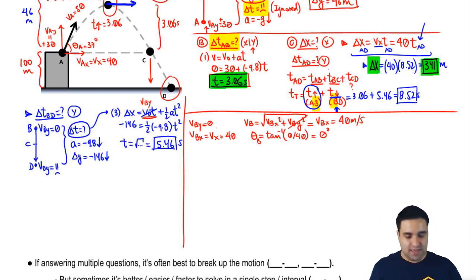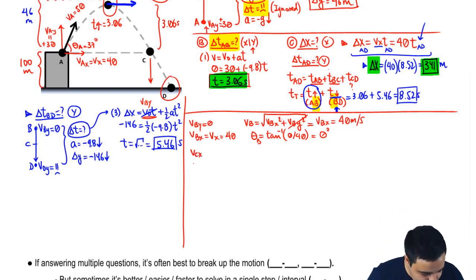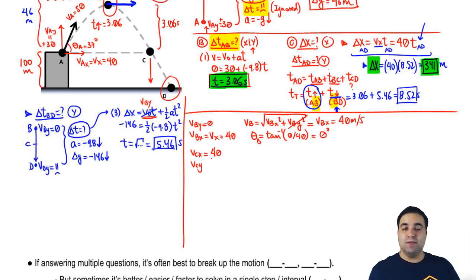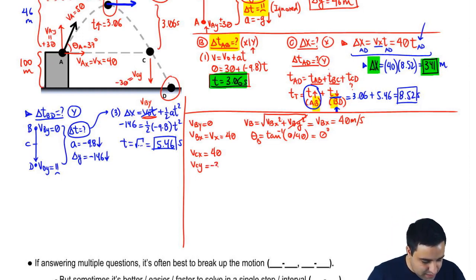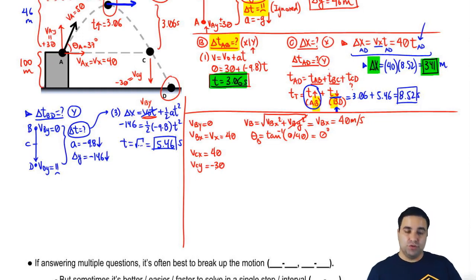Again, to find VC, I'm going to need VCX and VCY. VCX never changes. It's a 40. Now VCY, C is a point that is symmetric to A. So if my velocity going up, VAY, is 30, my VCY is negative 30. Okay? So VCY is negative 30 because of symmetry.